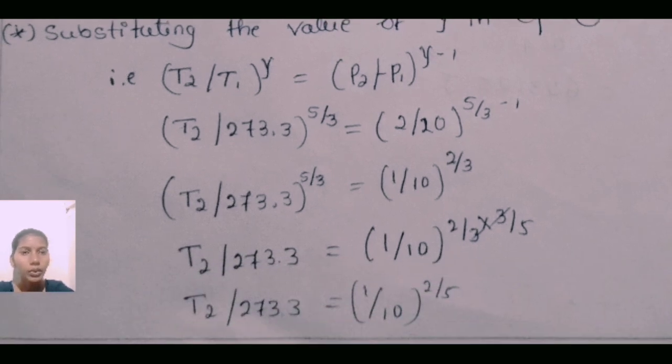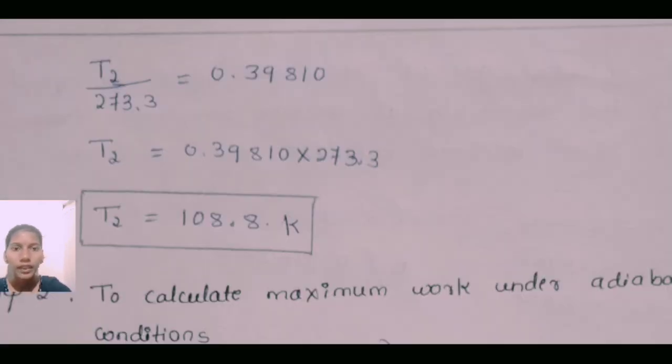T2 divided by 273.3 is equal to 1 divided by 10 power 2 divided by 3 into 3 divided by 5. T2 divided by 273.3 is equal to 1 divided by 10 power 2 divided by 5. T2 divided by 273.3 is equal to 0.39810.